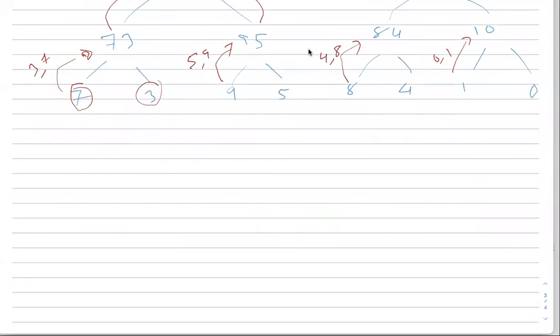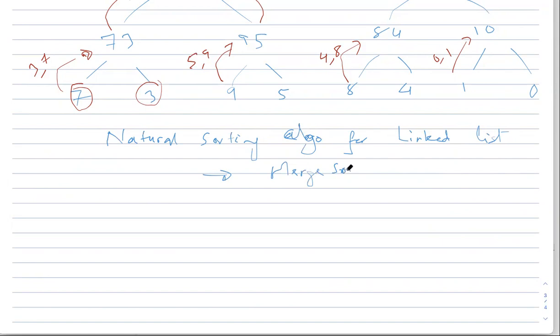Okay, so an important point that I just wanted to reiterate is that the natural sorting algorithm for linked lists is MergeSort, but not an in-place sort for arrays.